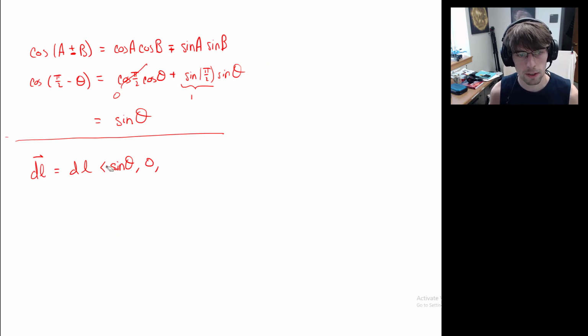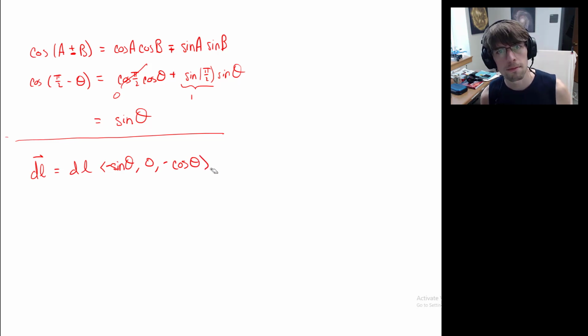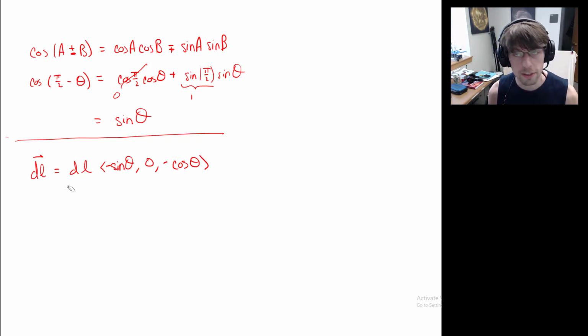So negative sine of theta and negative cosine of theta, just to simplify the expression. Good so far? Cool. Let's go ahead. Let's keep going.